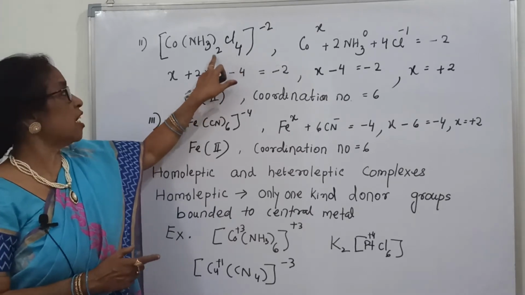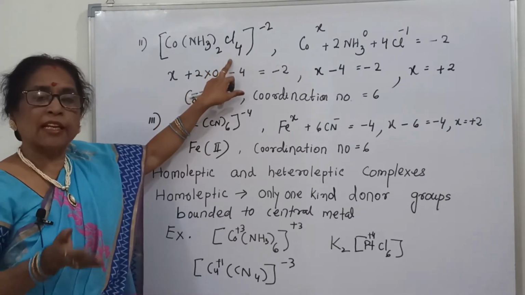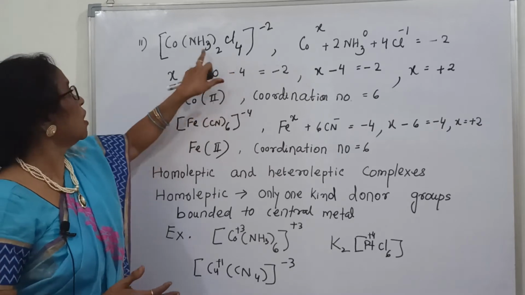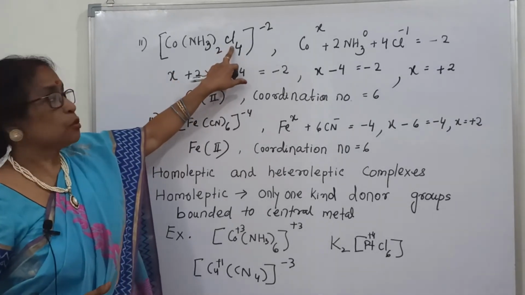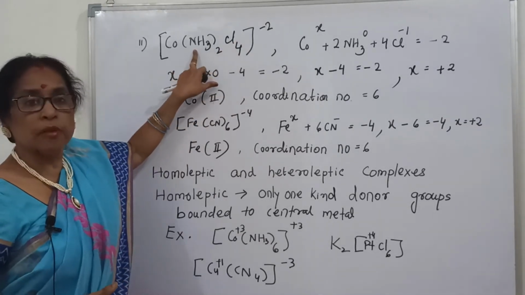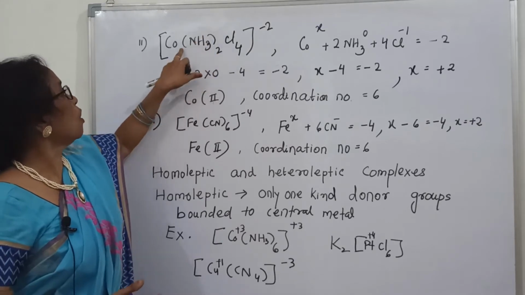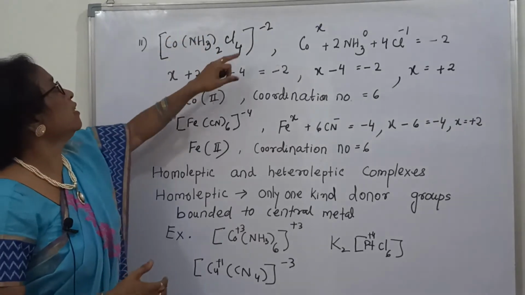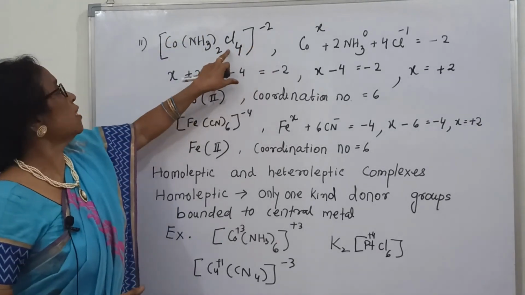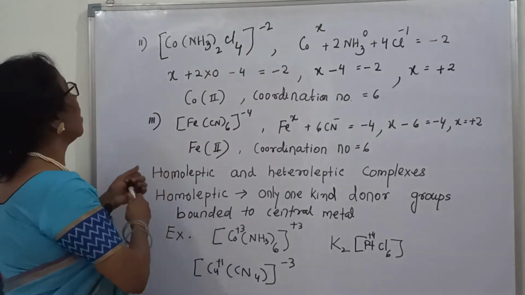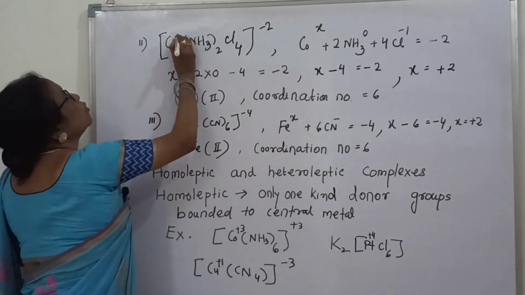You know ligands, these are called ligands. Ligand means either negative charge or neutral molecules. Here chloride has negative charge, so it is minus 4. Ammonia is a neutral molecule, so its charge is 0.